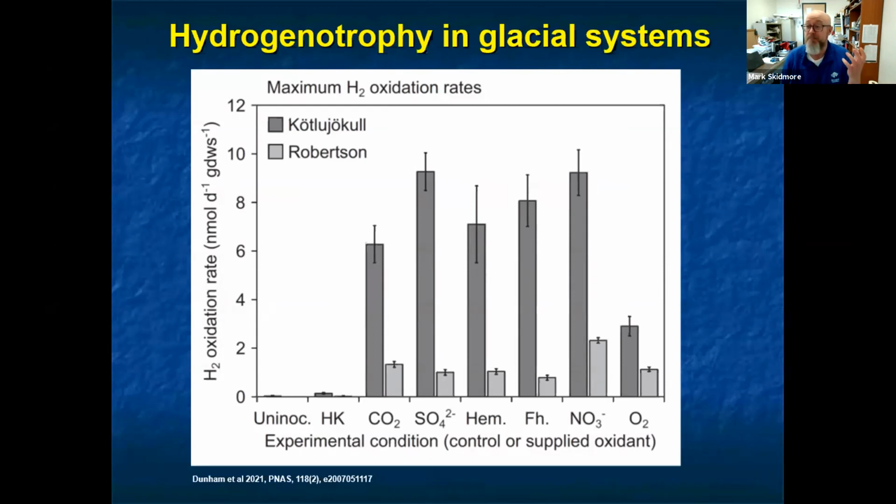And what's clear is that in both of the systems, there are organisms that will utilize the hydrogen as a reductant, and that there are about an order of magnitude greater rates of hydrogen oxidation in that local environment, i.e. where there was higher hydrogen in the environment. And it suggests that the microbial communities in those sediments from the Icelandic glacier might be better adapted to utilize the hydrogen. So full circle, there are microbes out there that will take full advantage of that hydrogen.